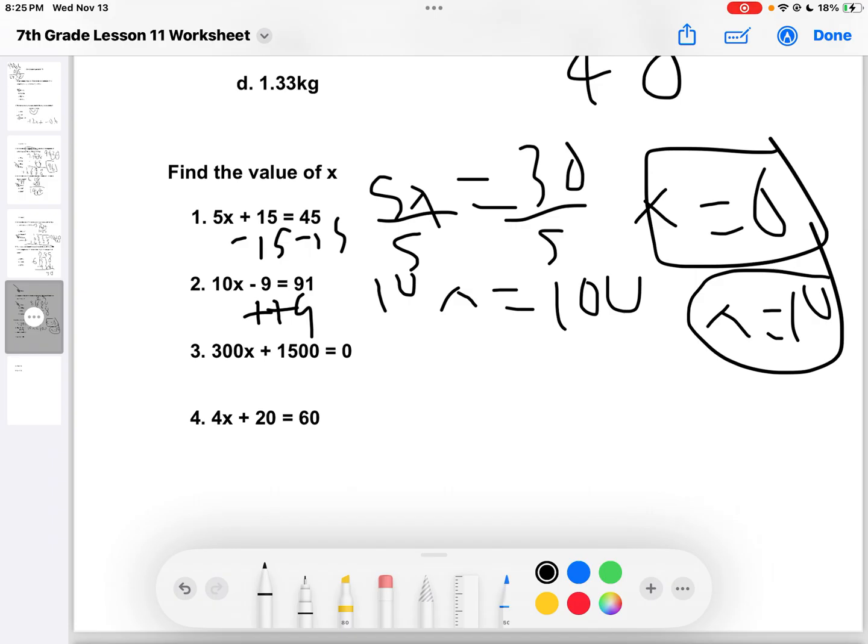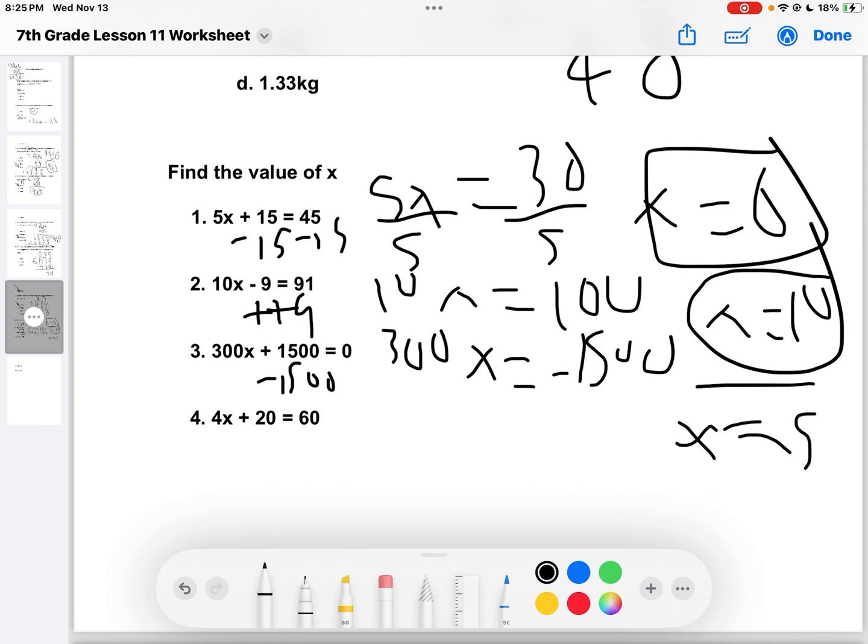Number 3, 300x plus 1500 equals 0. Subtract 1500 from both sides to get 300x equals negative 1500 to get x equals negative 5. Alright, moving on. Number 4, 4x plus 20 equals 60.